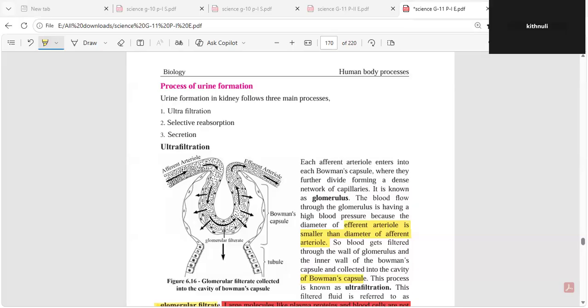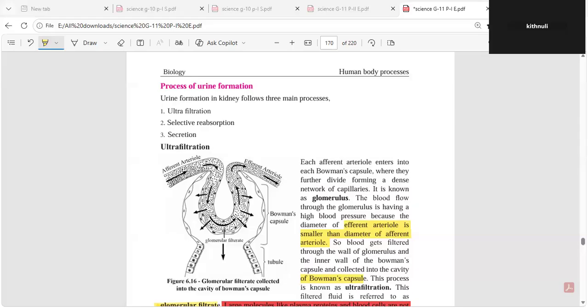But the difference between this efferent arteriole and the afferent arteriole is that the efferent arteriole diameter is smaller than the afferent arteriole.